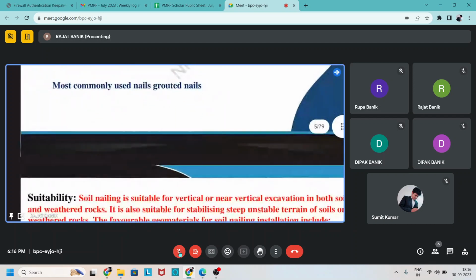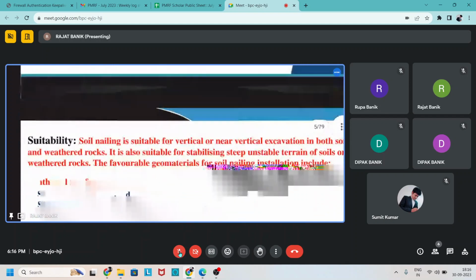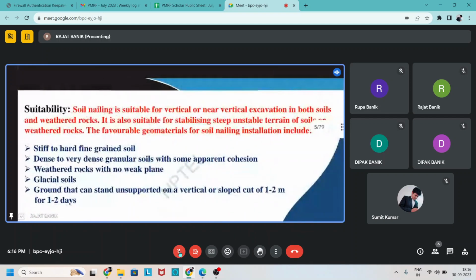Now we discuss the suitability of the soil nail. Soil nailing is suitable for vertical or near vertical excavation in both soil and weathered rock. So this soil nail is mostly used for a vertical wall, or we can say a vertical face of the ground, and also near vertical excavation, and it is used for both soil and weathered rock.